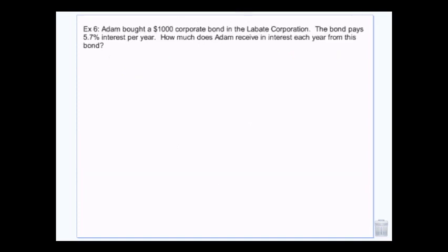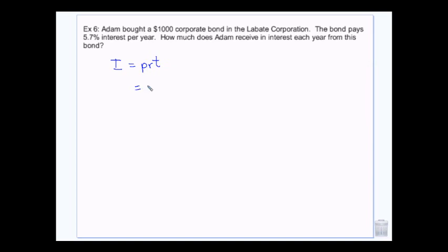Okay. So if I buy a bond that's $1,000 and it pays 5.7% interest per year. Now corporate bonds and government bonds are a little different. Corporate bonds do pay your interest yearly, and then you get the $1,000 at the end. So interest is equal to principal times rate times time.